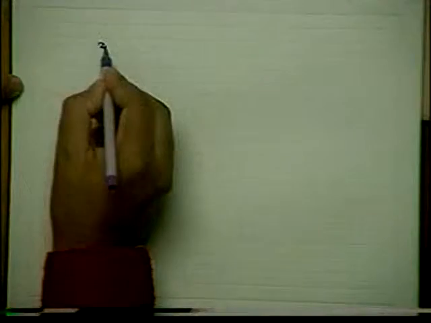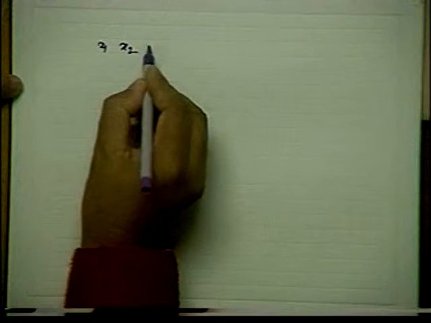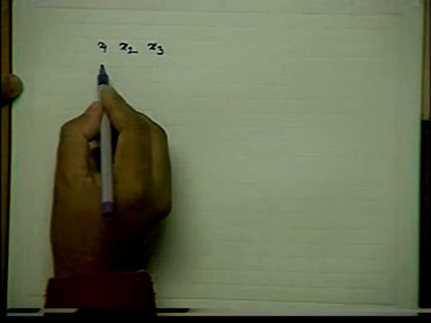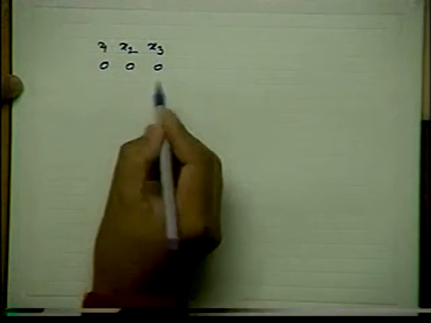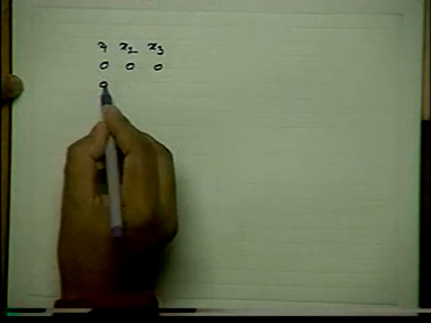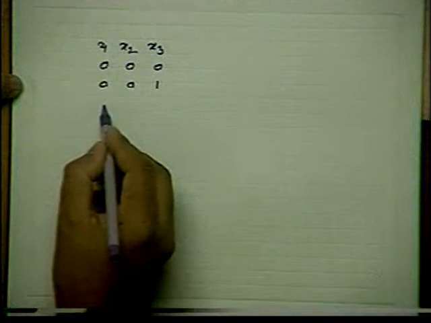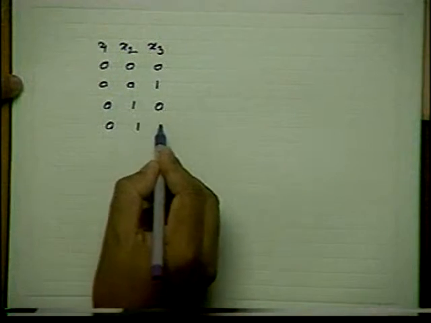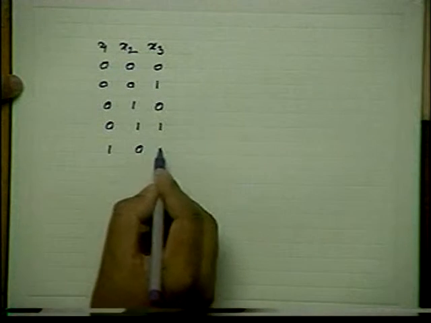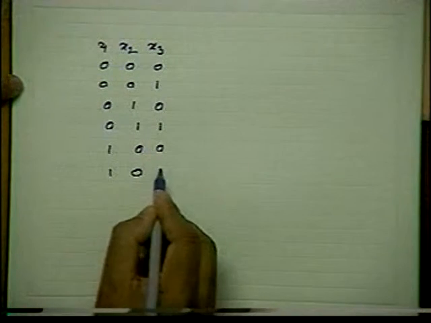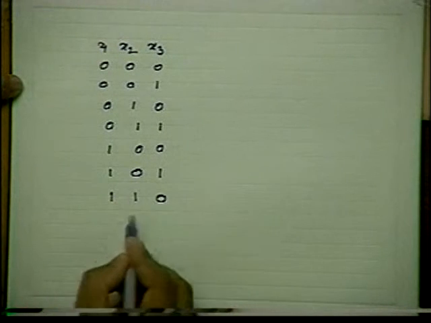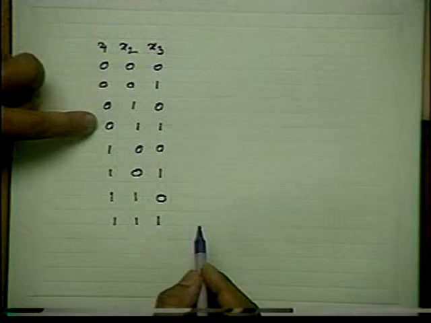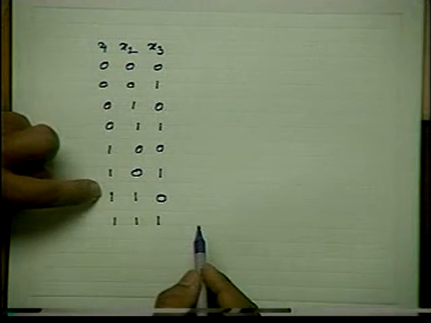For example, say x1, x2, x3. The different input combinations can be 000, 001, 010, 011, 100, 101, 110, and 111, that is 0, 1, 2, 3, 4, 5, 6, 7.